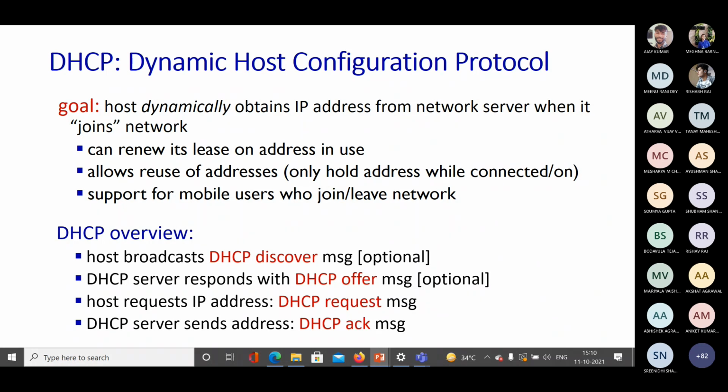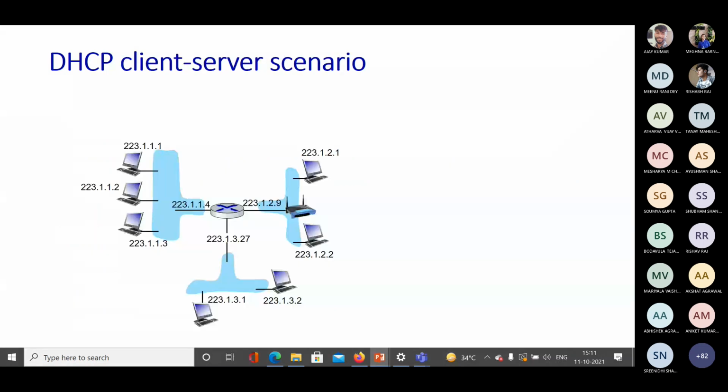Basically, once the server gives the offer, the host requests that particular IP address from the server. This message is known as the DHCP request message. Once the server receives the request message, it sends the actual address to the host in the form of a DHCP ACK message. Okay, so we'll see how it works out.